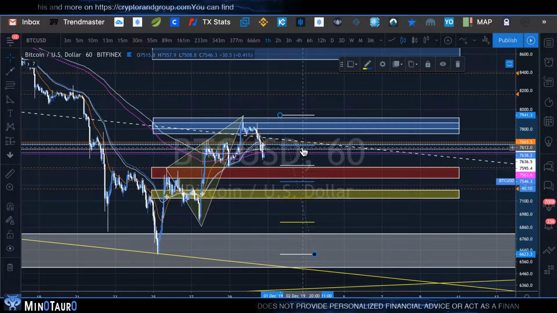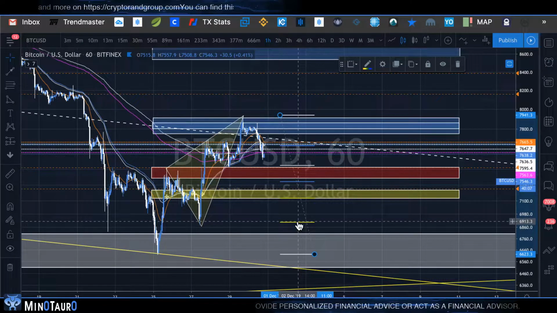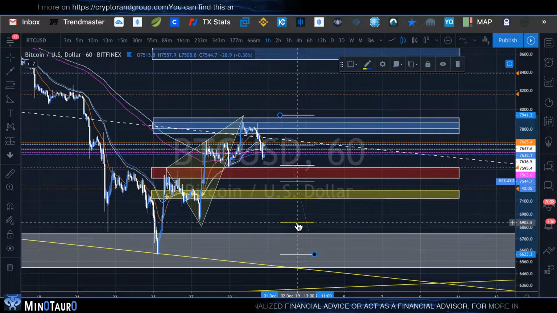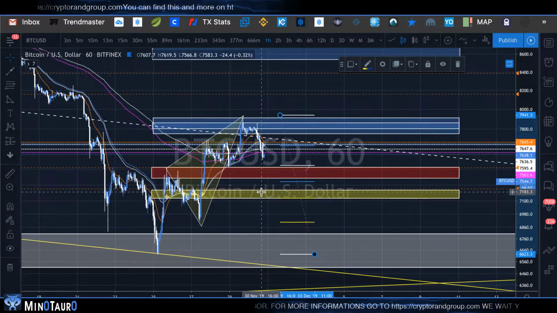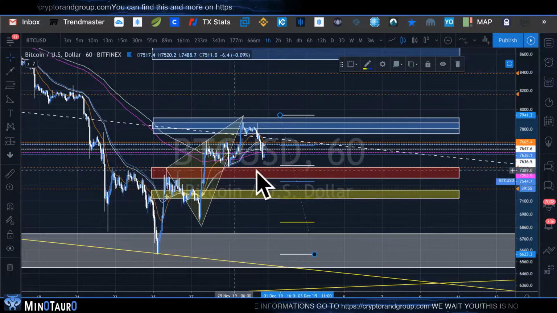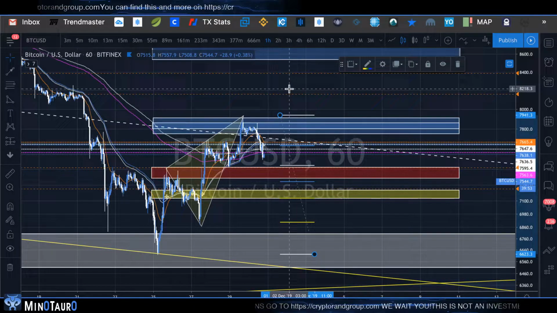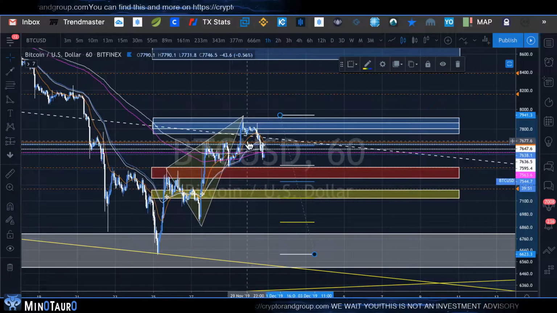But if we develop an ABC, that's the target of the ABC, 6,906 at this moment. That is also a double bottom with this one. I'm not thinking it's going to happen, but we have to keep all doors open now after the 161.